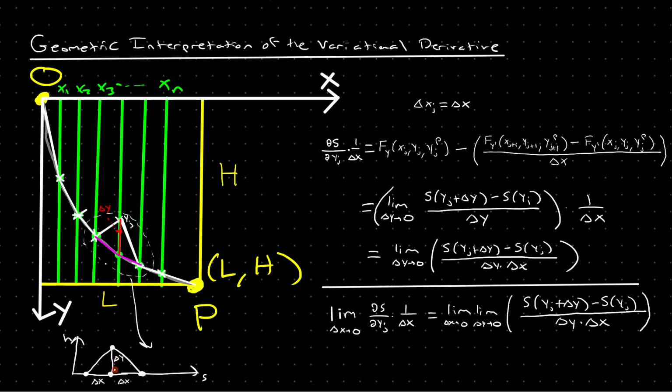So the area of each one of these triangles is 1/2 delta x times delta y plus 1/2 delta x times delta y, or just delta x times delta y.